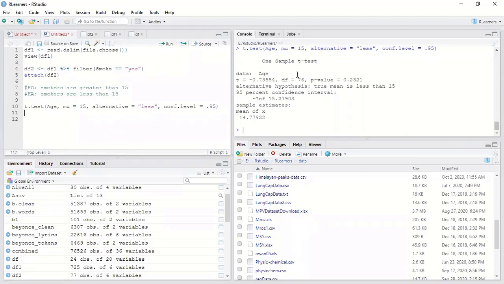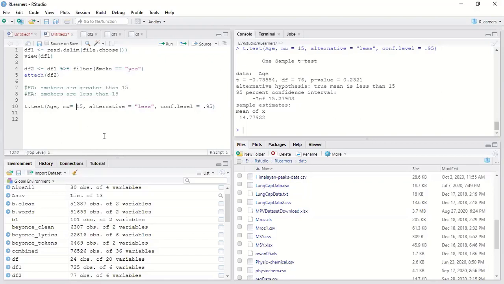Now, when you come here, one sample t-test, data is the age, your t statistic is 0.7, but the p-value is 0.23. So this is greater than 0.05. What does that tell you? That the smoker's mean age is greater than 15 years of age. The mean is greater than 15.